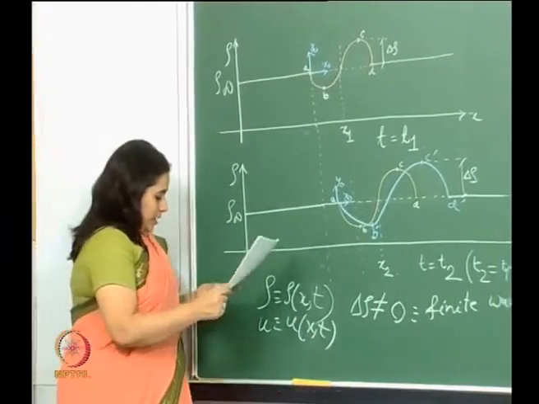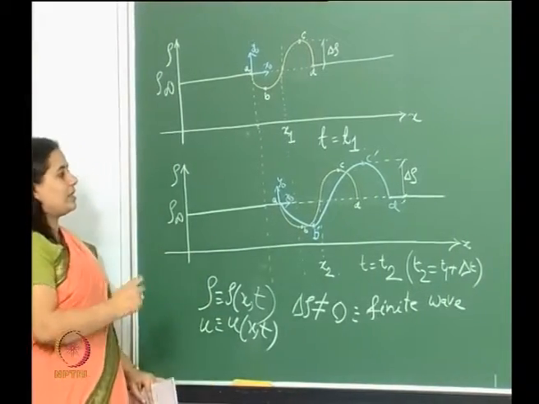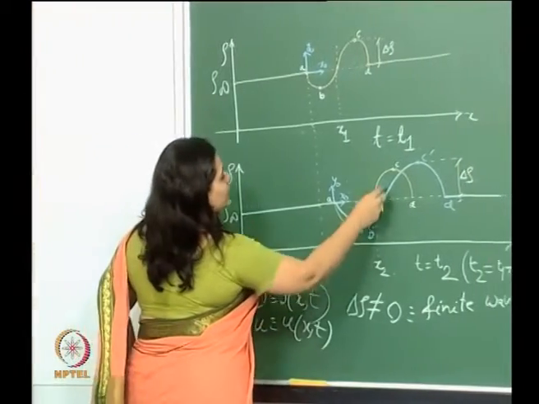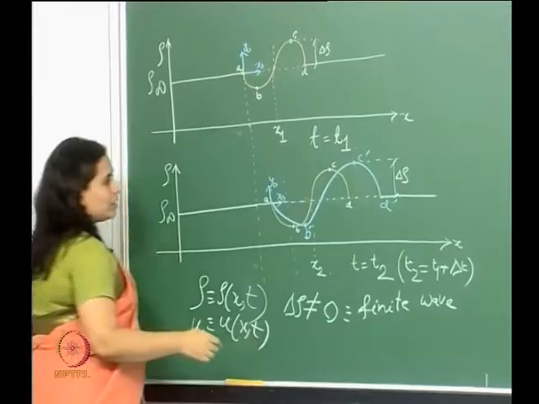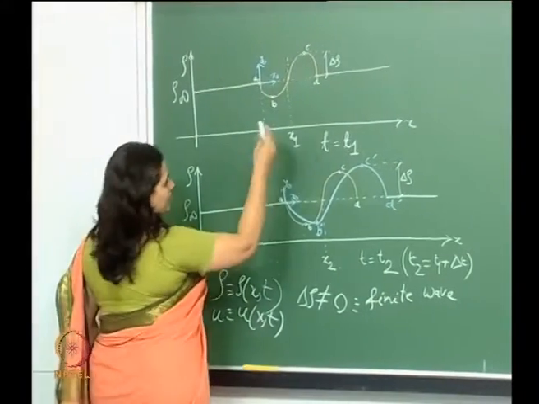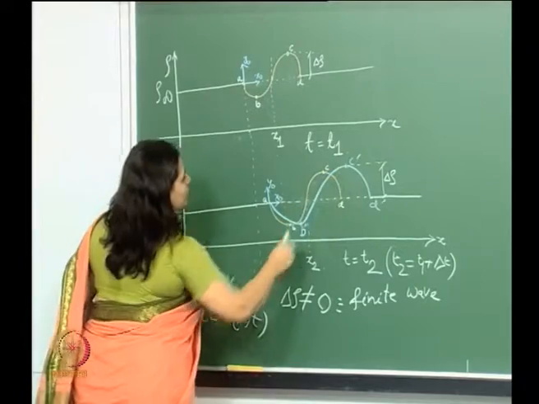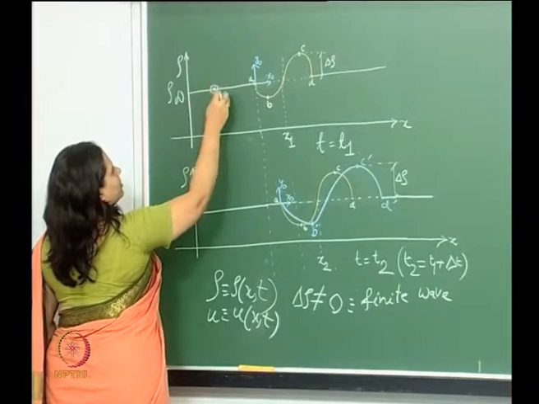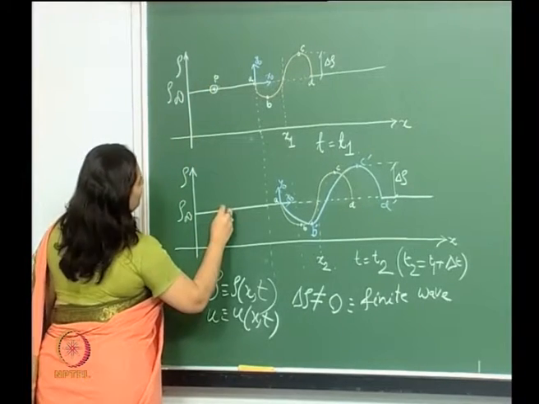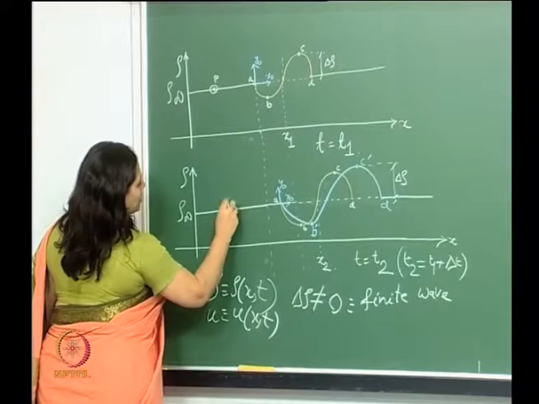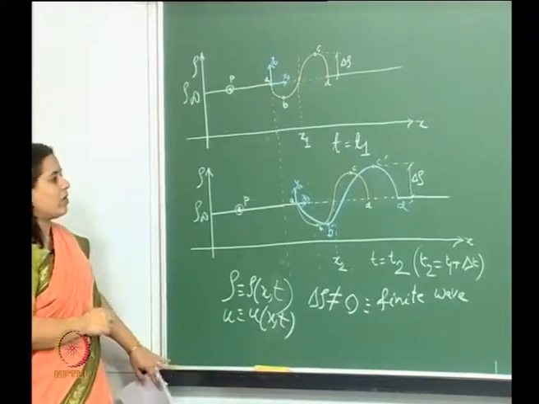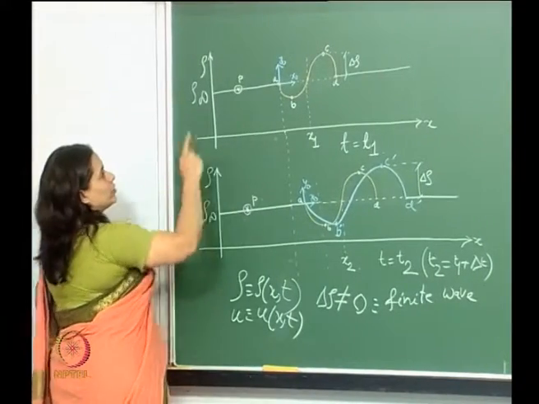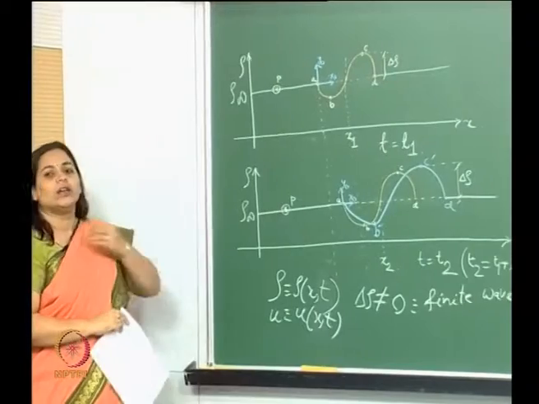Now if I look at two particles, one particle is this particle at C, which goes from point C to C dash here. Let us take another particle somewhere over here and call it particle P. The density of P is of course rho infinity.